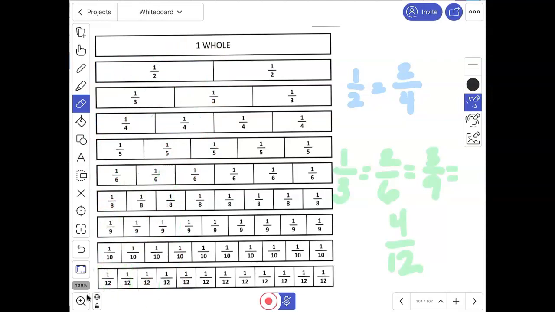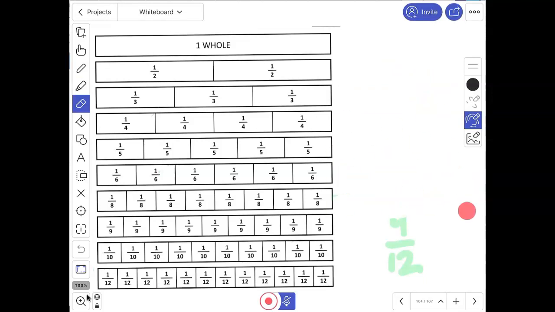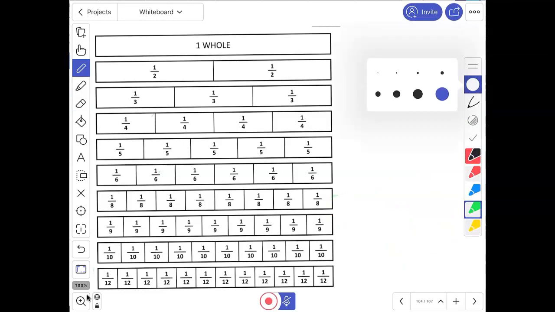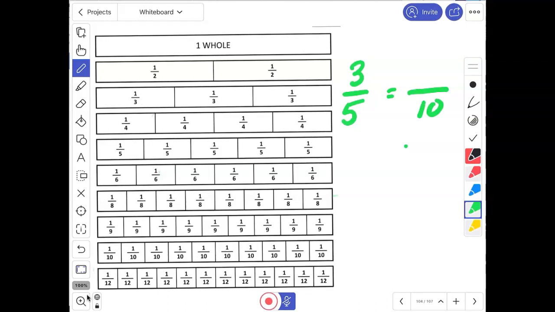If I want to use this tool, I can use it to help me find equivalent fractions. For example, if my teacher, cough, cough, me, said, hey, what's equivalent to 3/5? That's how many tenths, for example? Well, I could use this to help me.